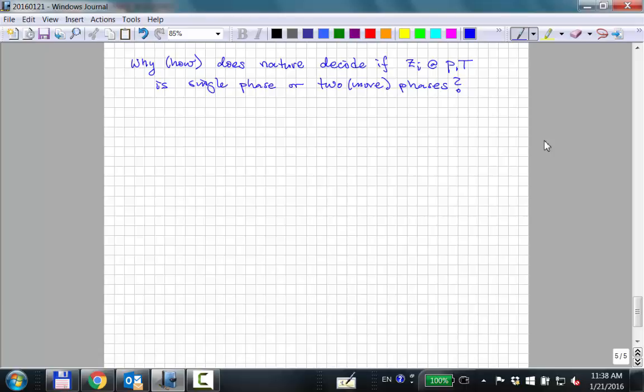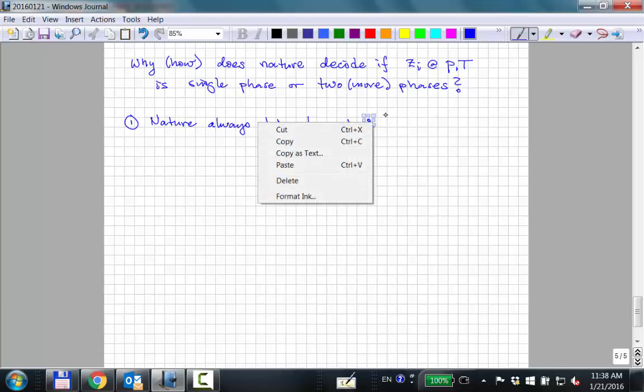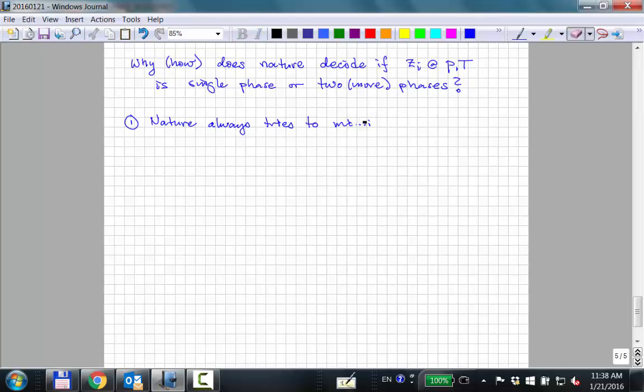And the first thing is that nature always tries to minimize the system energy, if you will.